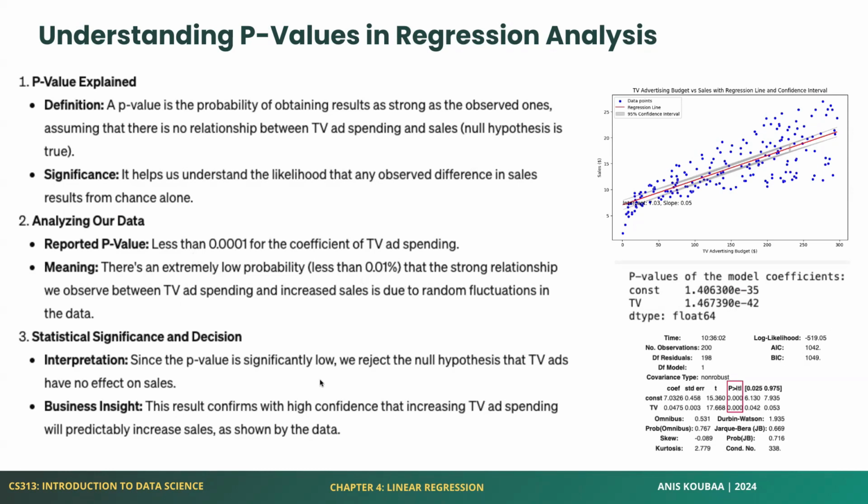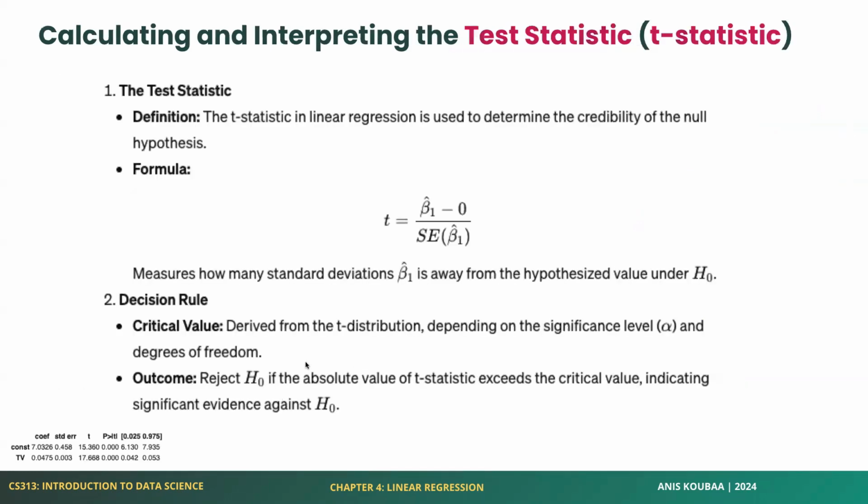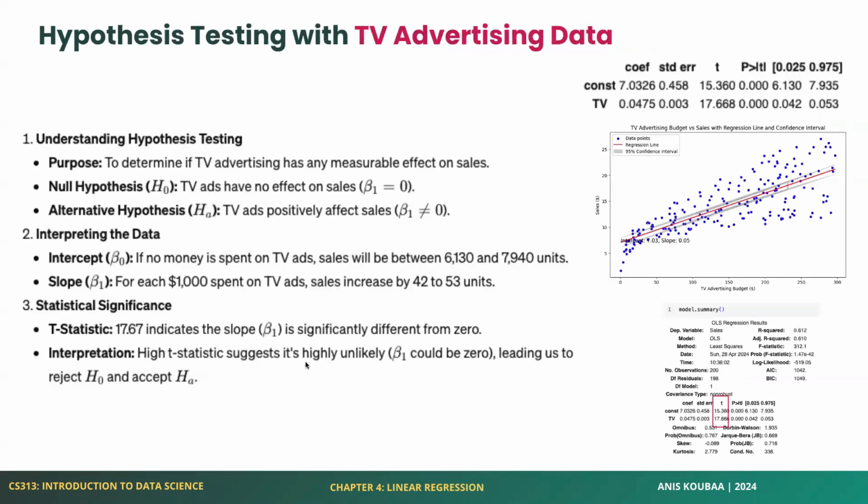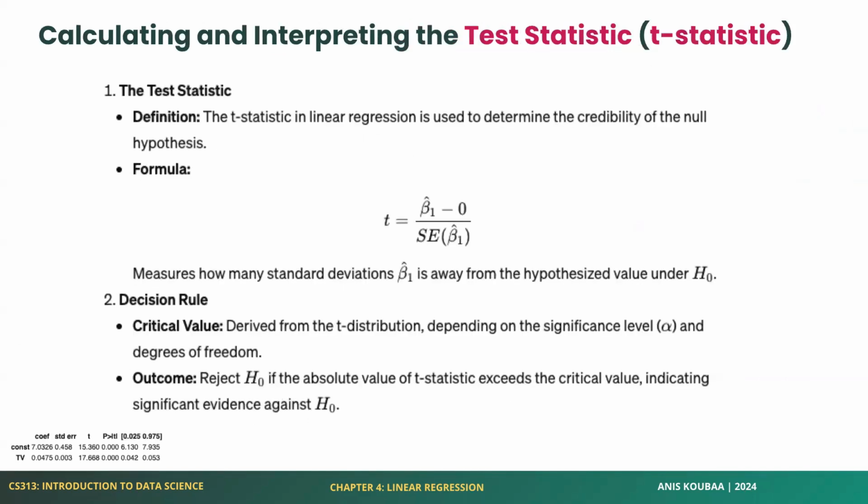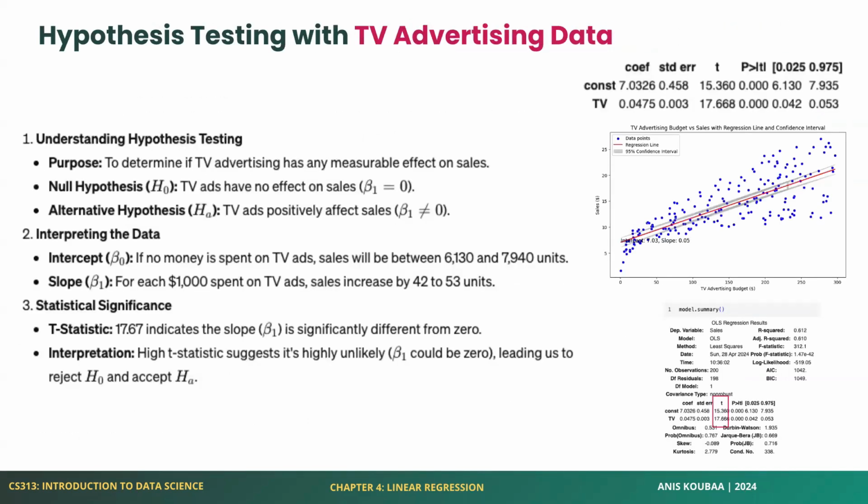If the t-statistic is 0, we accept. Same thing for the t-statistics. Yeah, it's the opposite, yes. Okay, so for the t-statistics, if it is very high, we reject the null hypothesis.